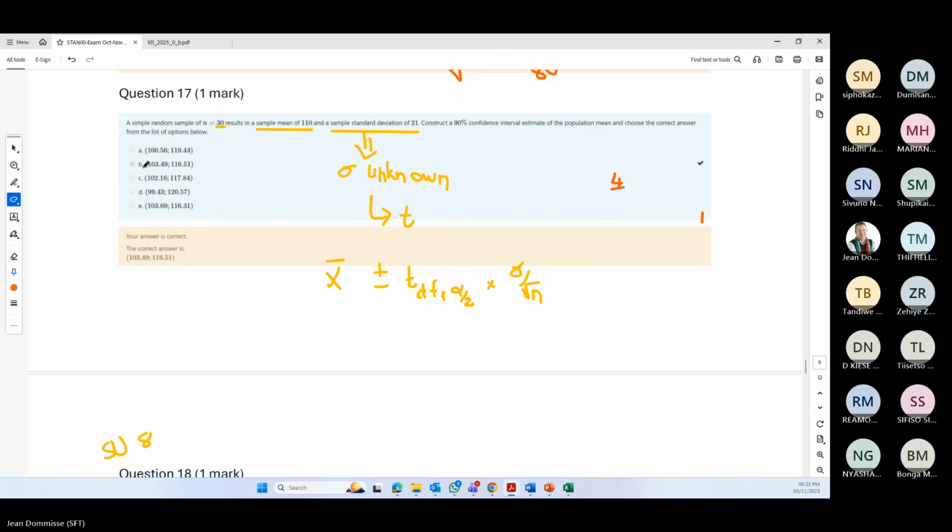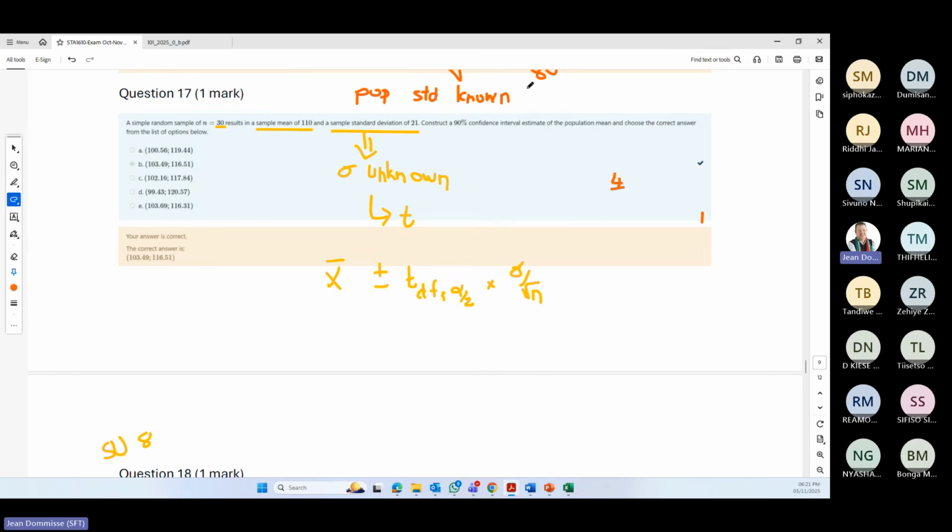Okay, let's look at question 17. Here it was about working out confidence intervals. But the most important thing about the confidence interval is: is my population standard deviation known?